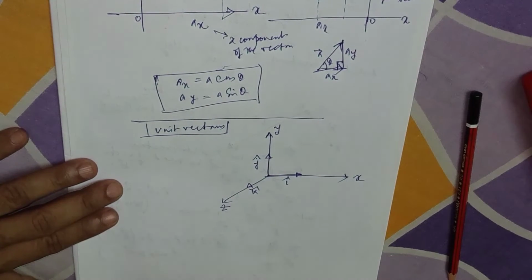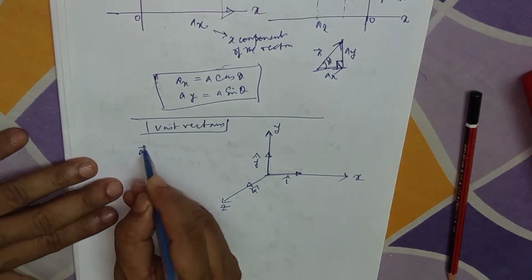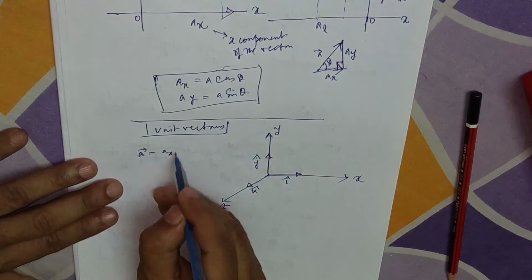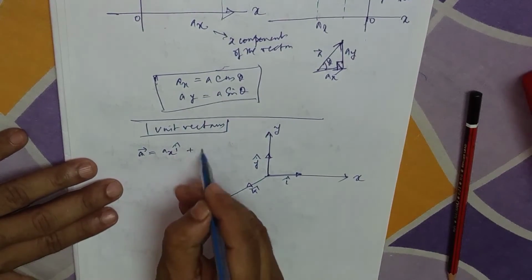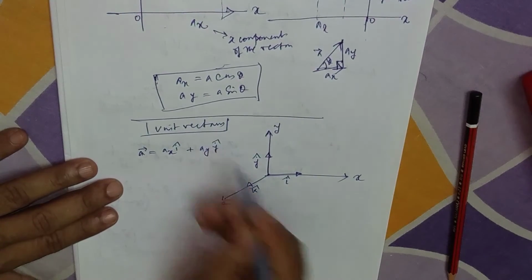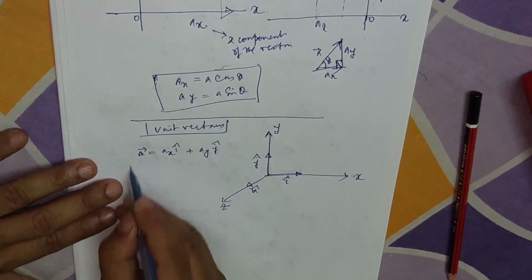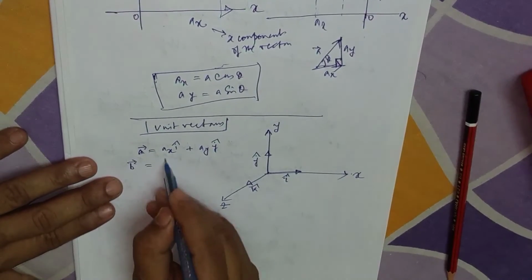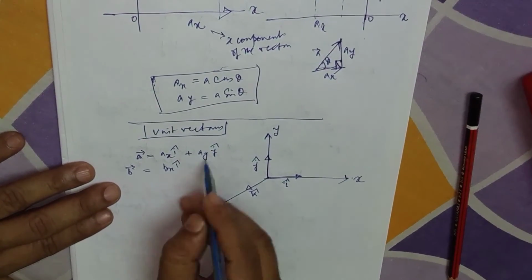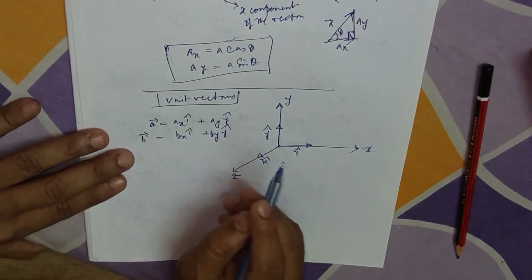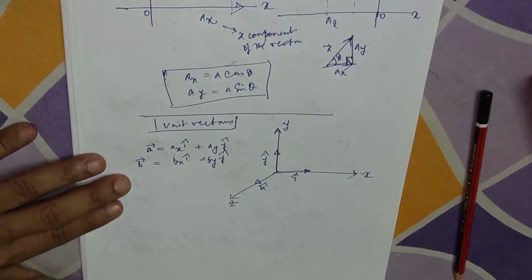So we signify x, y, z with i, j, k. Always keep it in mind. So when a vector A is written, we can write ax i cap plus ay j cap, with x, i and j. Similarly, vector b is equal to bx i cap plus by j cap. So this is the formation to write unit vectors.